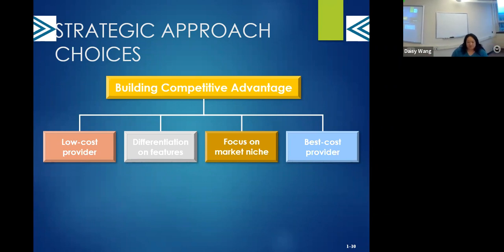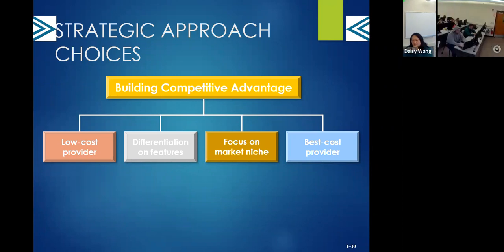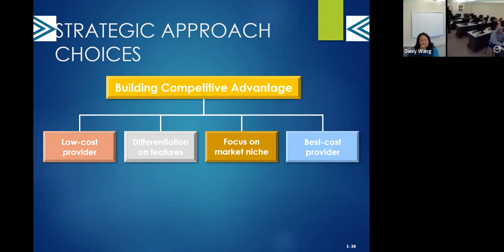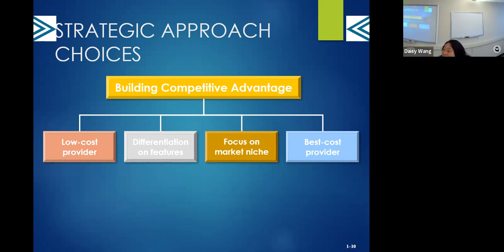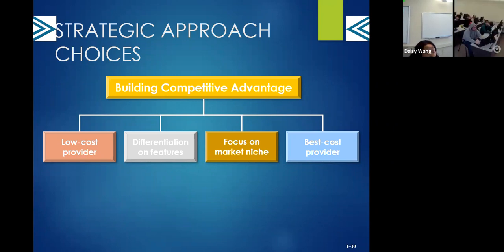So what would be other companies you can think of that have a low cost strategy? When you want to buy something cheap, where do you go? Which company will have a low cost strategy? I already said Walmart. Oh, sorry. Yeah, Five Below, that's a good one.